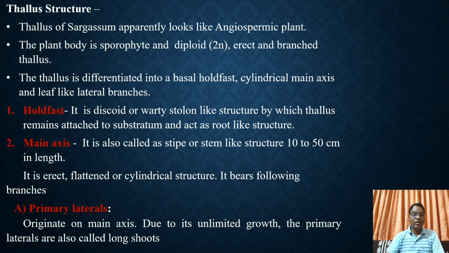The first type of branch produced by the main axis is the primary laterals. These primary laterals originate on the main axis. Due to their unlimited growth, these primary laterals are also called long shoots.